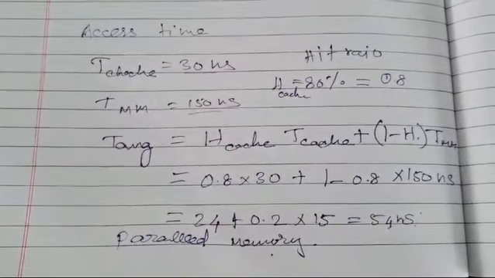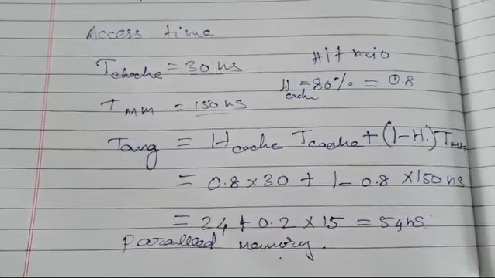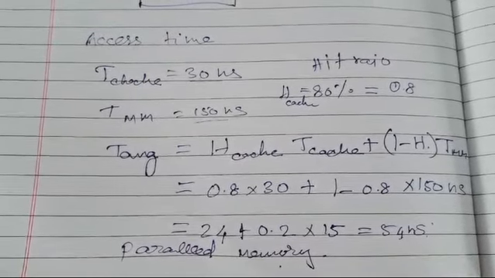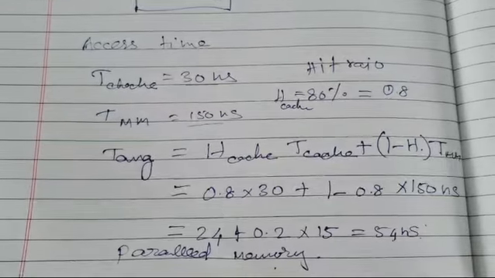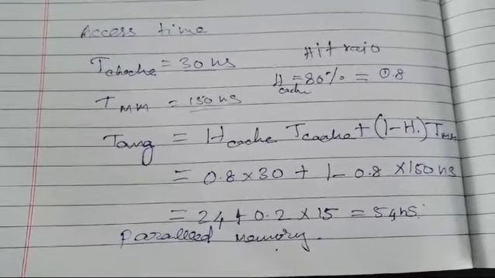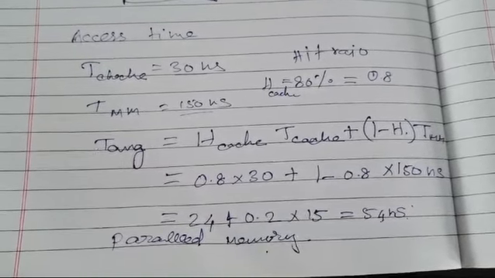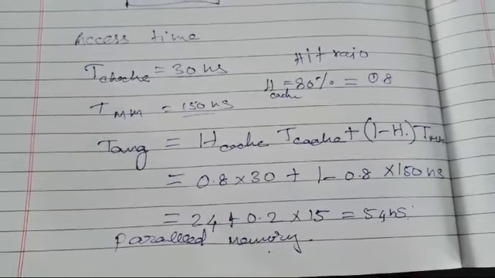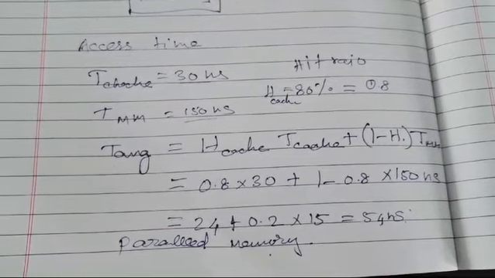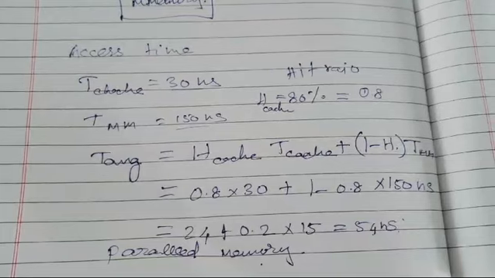The access time of the cache memory is 30 nanoseconds, the hit ratio is 80%, which is converted into 0.8, and the main memory time is 150 nanoseconds. We apply the formula: average access time equals H cache times T cache plus 1 minus H times T main memory, where TMM means main memory.